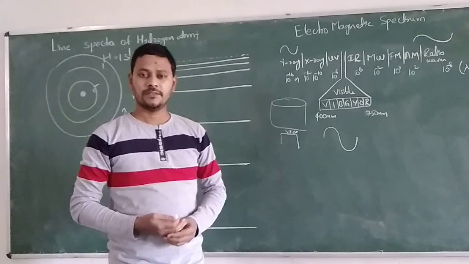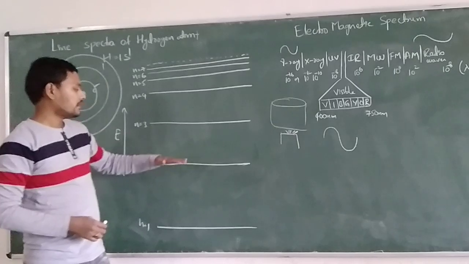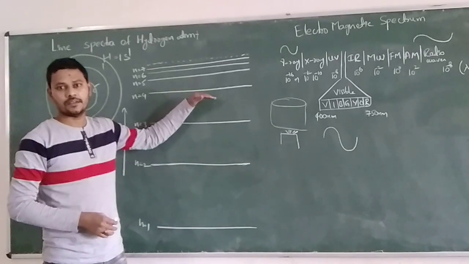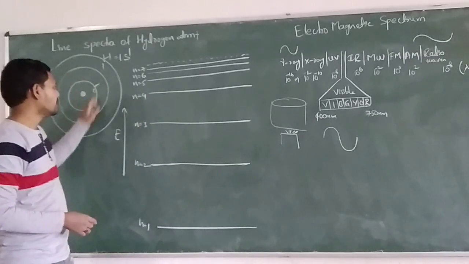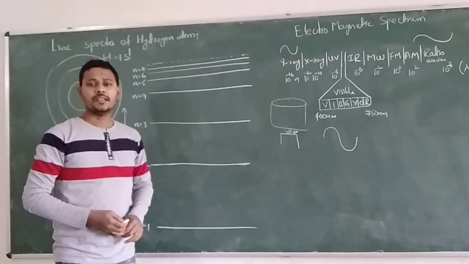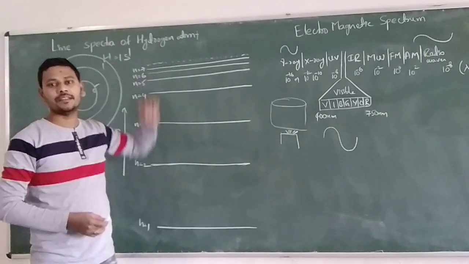That's why different electrons in hydrogen atoms absorb different types of energy. At first, all the electrons are present in the first orbit in every hydrogen atom, but after absorbing energy, they jump from the first energy level to different higher energy levels.